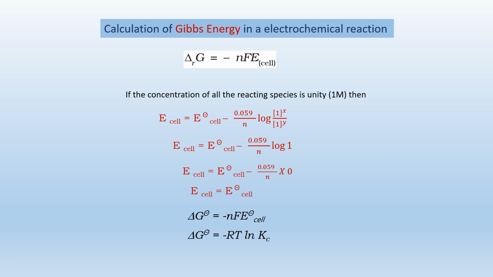Substituting that, E cell is equal to minus RT divided by nF into ln of Kc. Then you can further simplify it as minus 0.059 divided by n log of Kc value. Remember always that when ln is converted into log, you should multiply it with 2.303. The ln value is base e, about 2.7, and the log value is base 10.